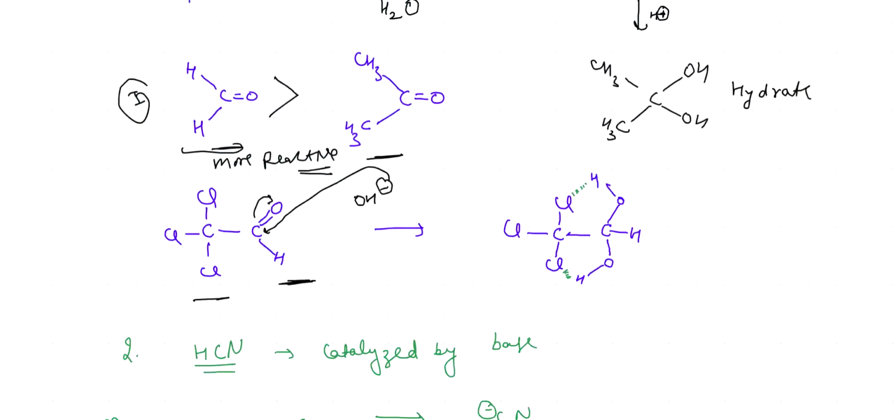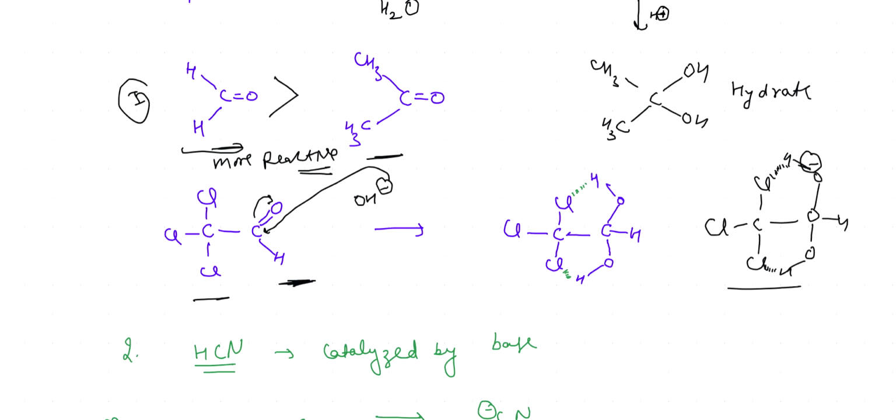Upon formation of alkoxide, I am just drawing your O negative, H, OH. Then this will get protonated. Then as chlorine is electronegative in nature, it will form hydrogen bonding. And this chlorine will also form hydrogen bonding. So this is a stable product. That's why this is more reactive.